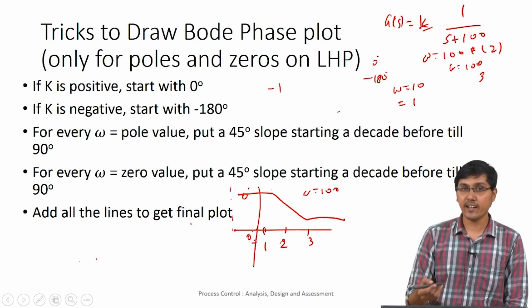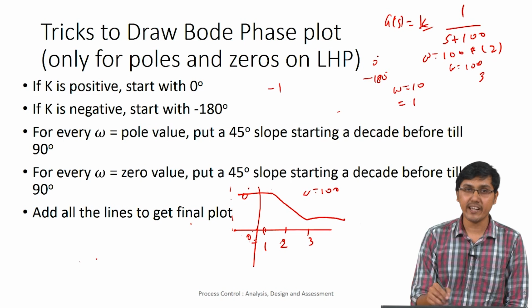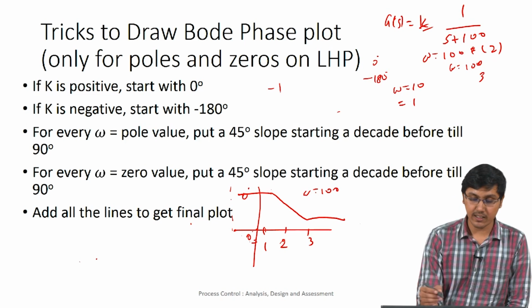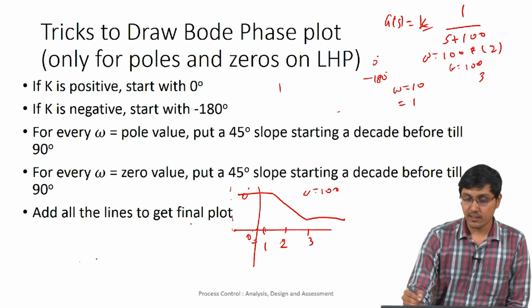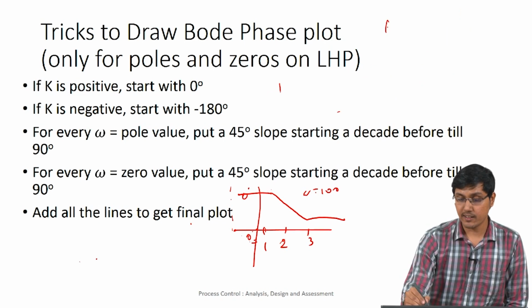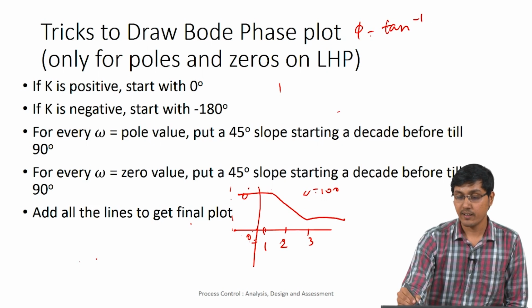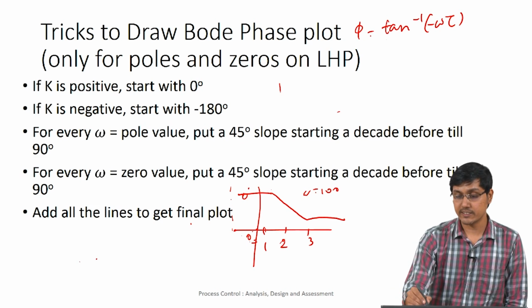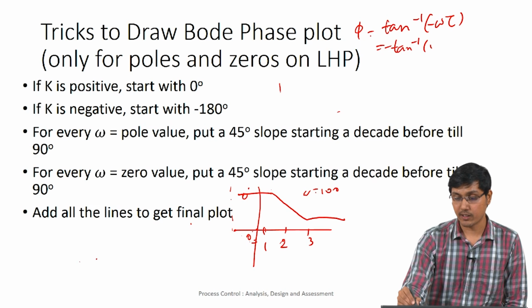To get a mathematical feeling of why this minus 90 degrees comes, you can imagine the phase angle is given by tan inverse of omega tau for poles, so it is nothing but minus tan inverse of omega tau.